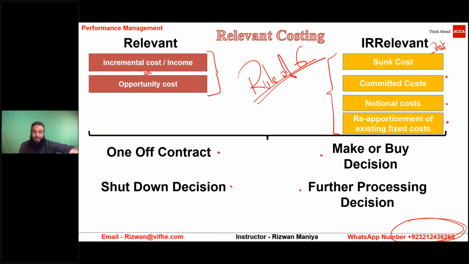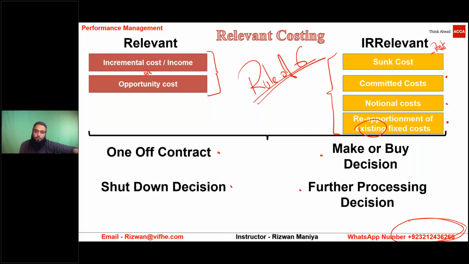Reapportionment of existing fixed cost. Now, the word is very important to keep in mind: existing. The best example for this was the Alka Hotel question, Q1 fixed cost.